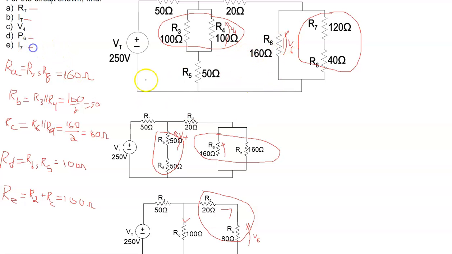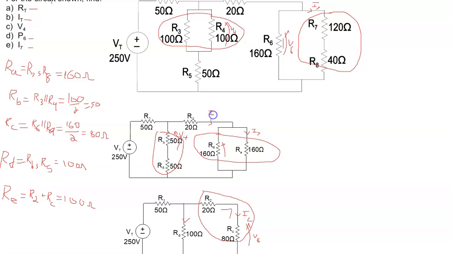Okay, what about I7? I7 is the current in this branch here. Because R7 and R8 are in series, they have the same current through them, and they combine to make RA. So the current IA is in fact the current I7. Now when we combine these in parallel, remember that the current here is not I7, but the current here, if we call this IC or I2, is IC.